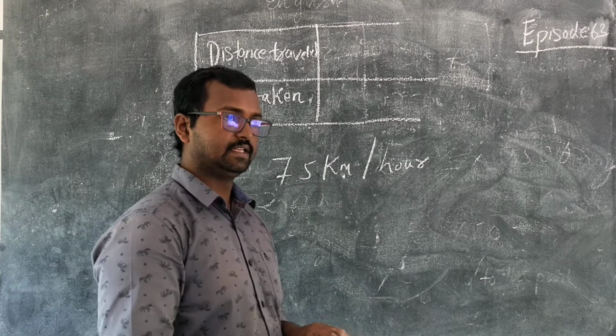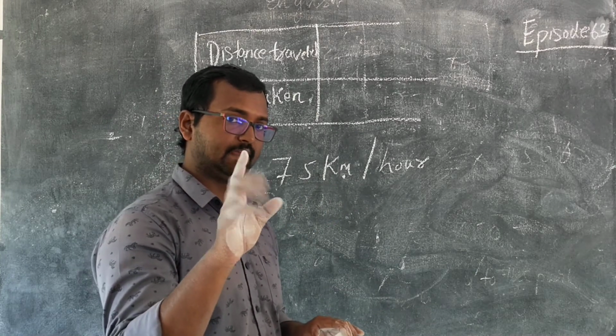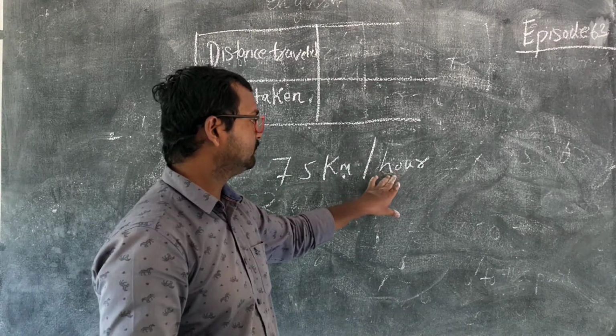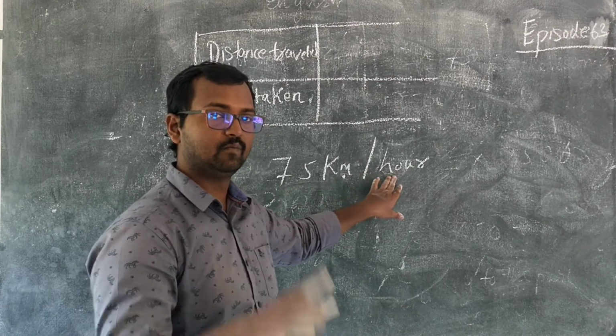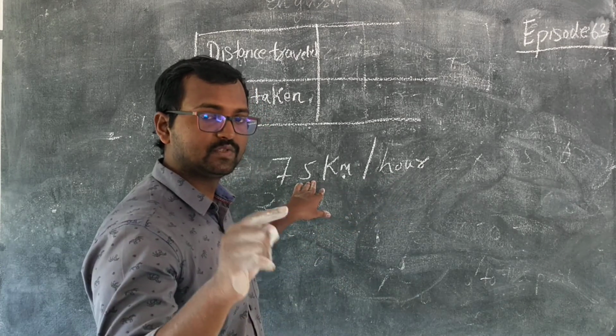If it is traveling at a speed of 50 km per hour, that means in 1 hour it is traveling 50 km. So 75 kilometers per hour means within 1 hour it is covering 75 kilometers. 1 hour is equal to 60 minutes.